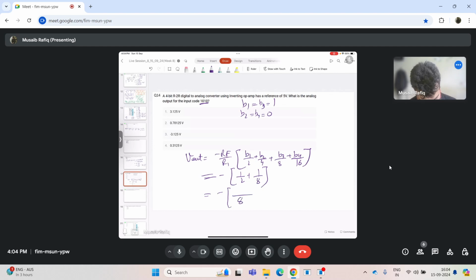I'll take 8 common, so this is 4 plus 1, so it is minus 5 by 8, and here it is V reference, I forgot to write V reference, minus 5 times V reference by 8. Reference is 5 volts, so this is minus 25 by 8, so this is minus 3.125 volts. That is option 1. So no, option 3.